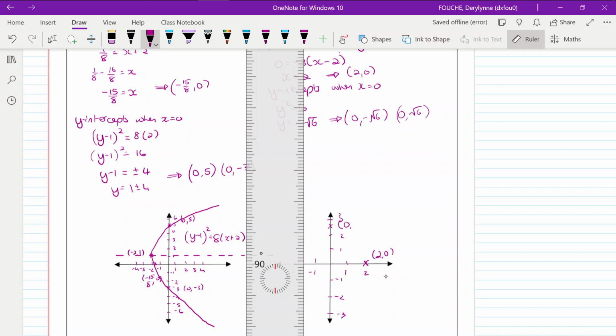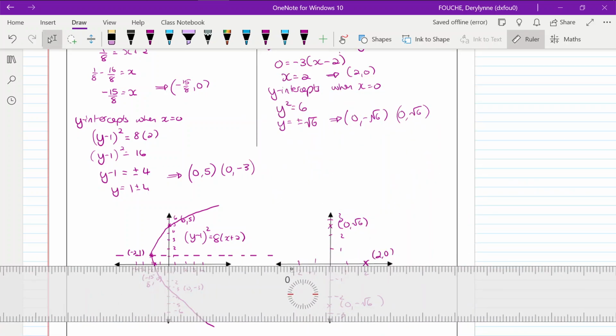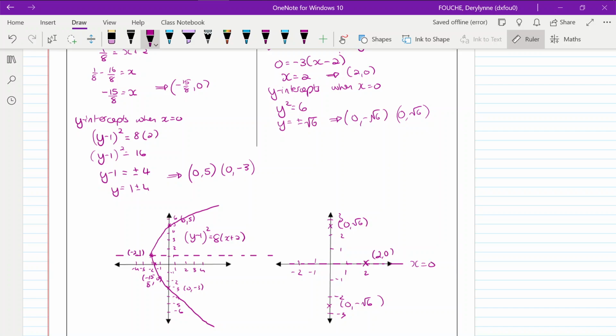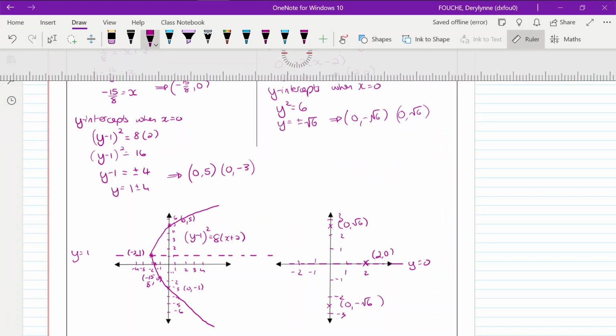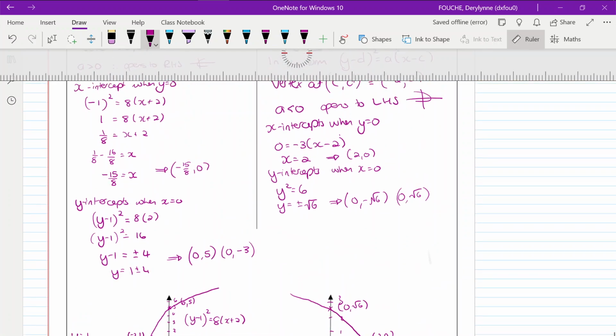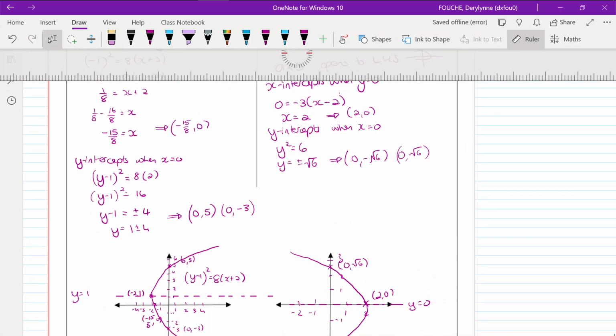So there we have 0, root 6, and there we have 0 and negative root 6, and our x-axis is our axis of symmetry at y equals 0. We had to also remember to write that axis of symmetry here. Alright, we now have our points to be able to sketch this sideways parabola. And this one was y squared is 6 minus 3x.